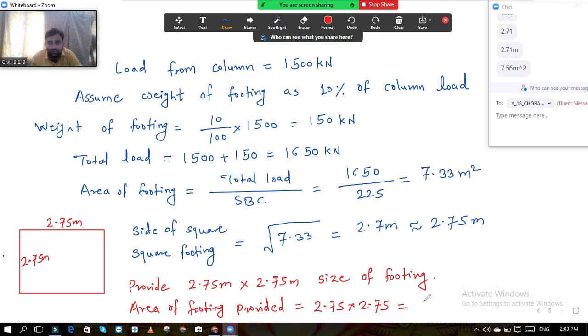Okay, so the answer is 7.56 meters square.